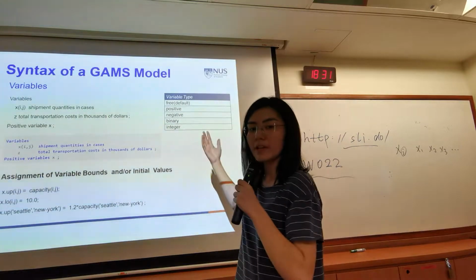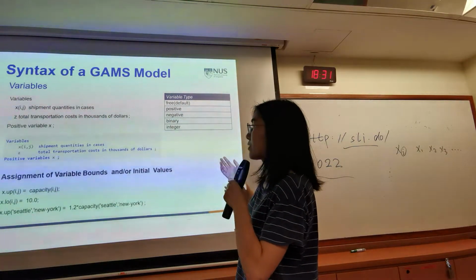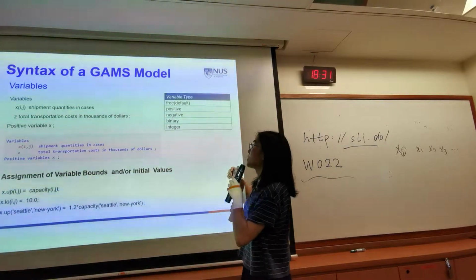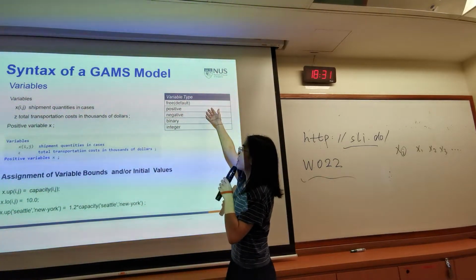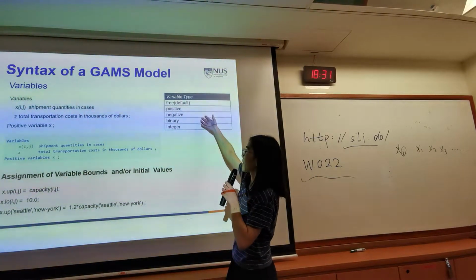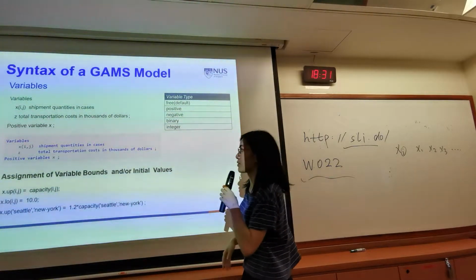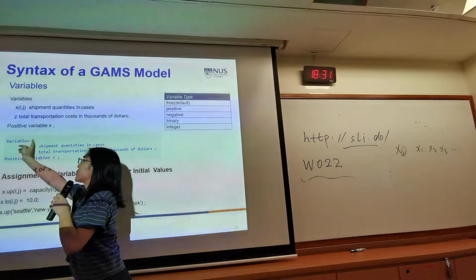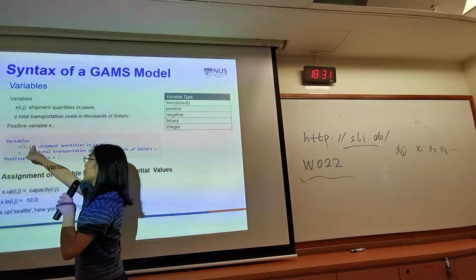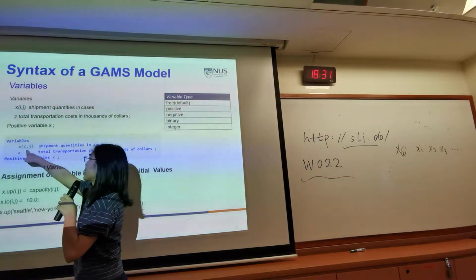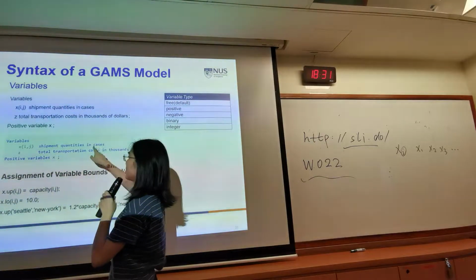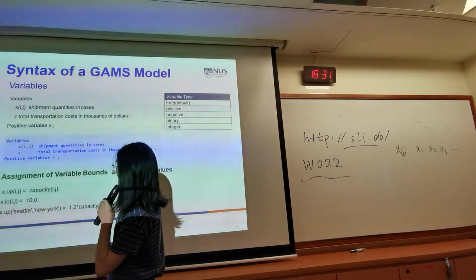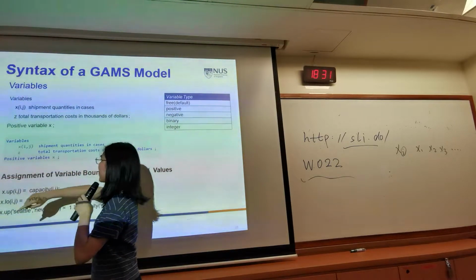Then this is the syntax of variable definition. There are several variable types, which are free variable, default, positive, negative, binary, and integer variables. So when you define variables, you put variables and then put your symbol definition here, as well as the statement about this symbol here.